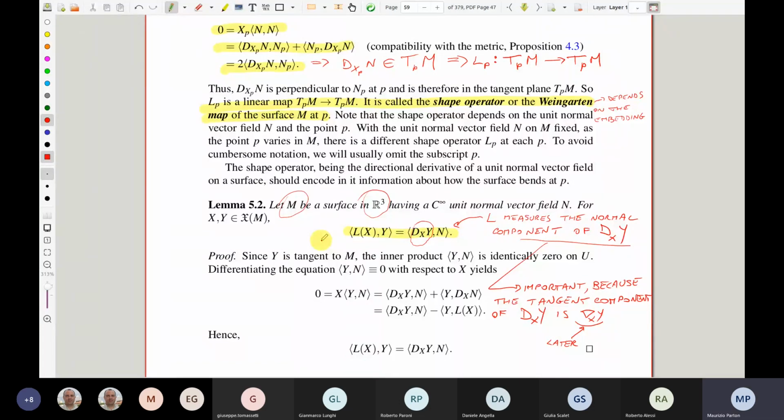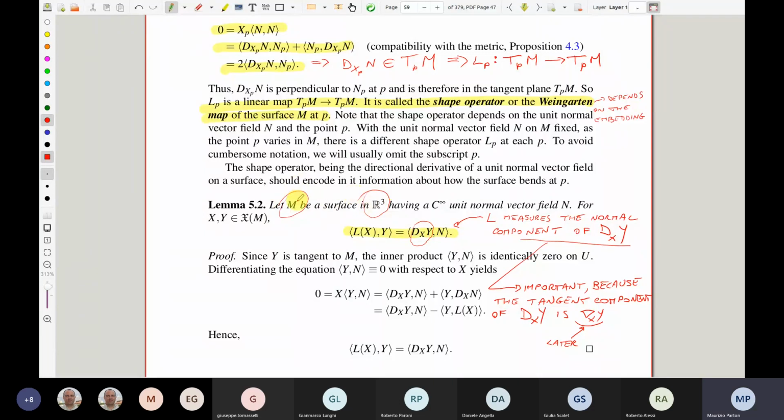That is the intrinsic connection that I told you is uniquely associated to the metric on the manifold. And why are they connected in this beautiful way? Well, because the metric on the manifold is not just a metric, it's the metric induced by the Euclidean metric in R3. So it makes sense that they are connected.